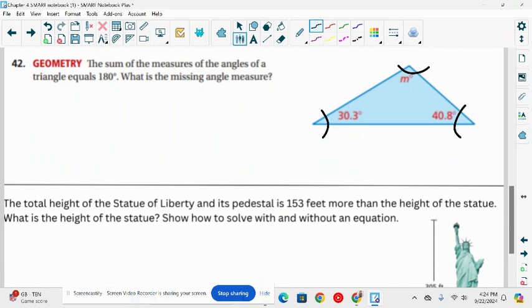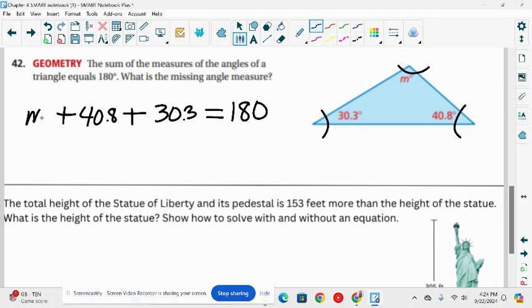So we have a missing piece, just like we had with the perimeter. So I know that the angles are supposed to equal 180 degrees. I know I have an angle of 30.3 and an angle of 40.8, but I'm missing one, M.